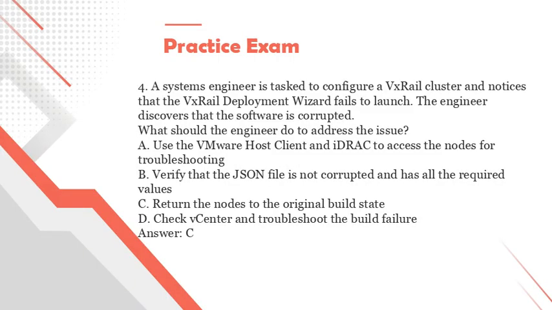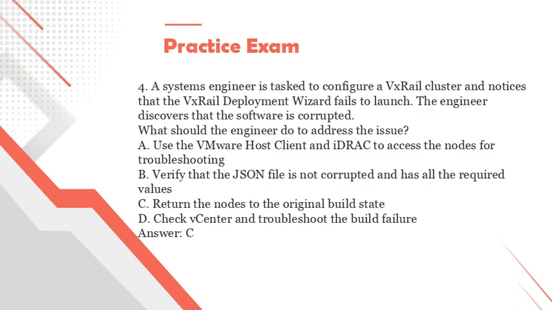4. A systems engineer is tasked to configure a VxRail cluster and notices that the VxRail deployment wizard fails to launch. The engineer discovers that the software is corrupted. What should the engineer do to address the issue? A. Use the VMware host client and iDRAC to access the nodes for troubleshooting.